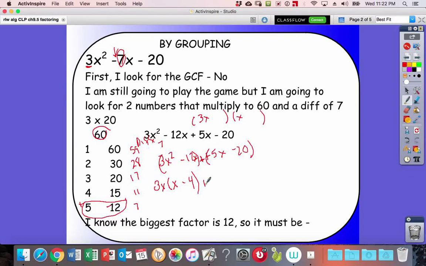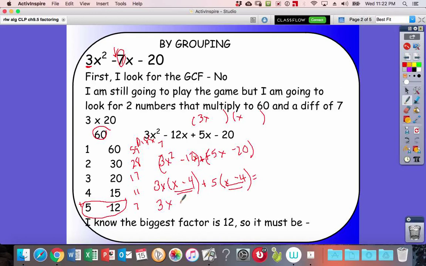Now I'm going to keep going. I'm going to take the greatest common factor over here, and the greatest common factor is 5, x minus 4.